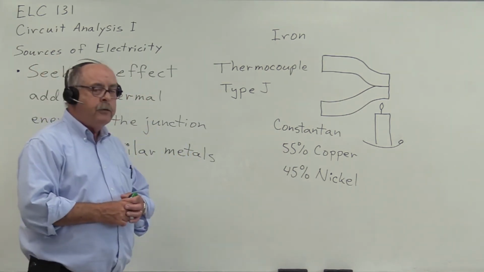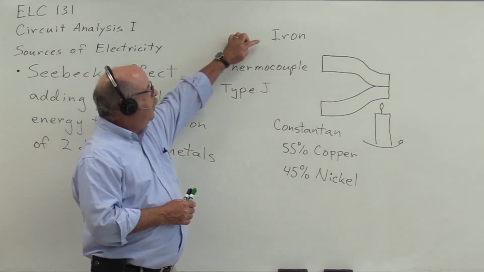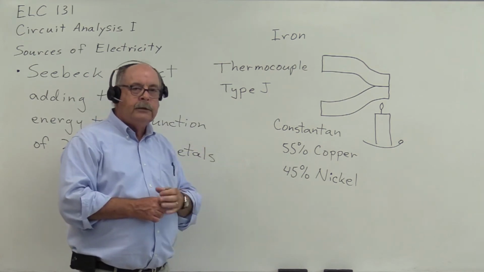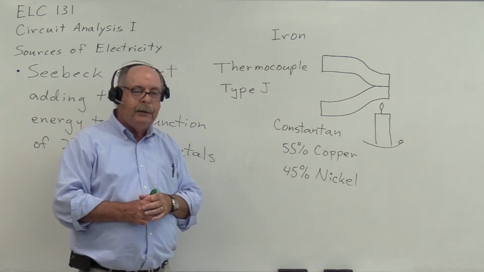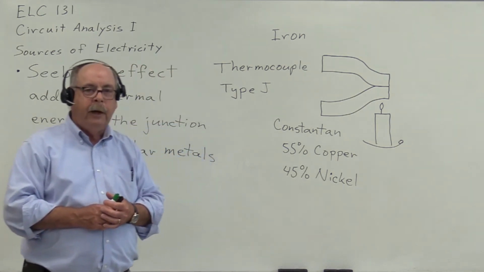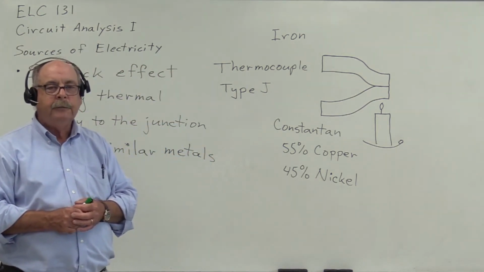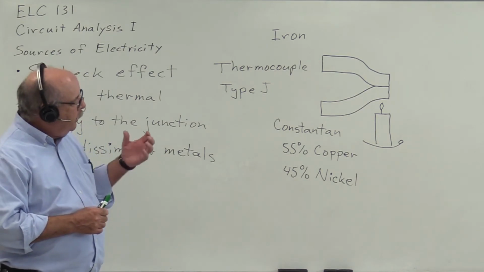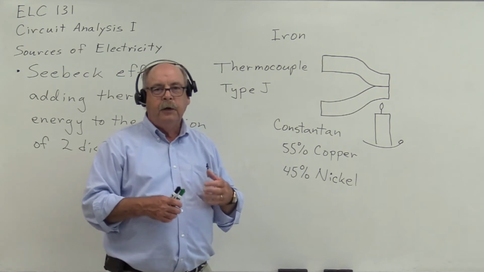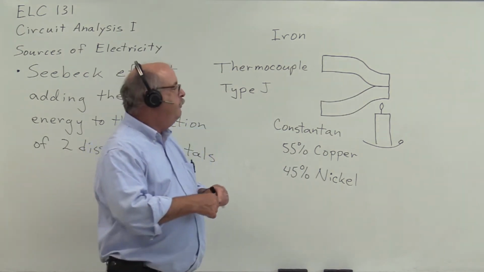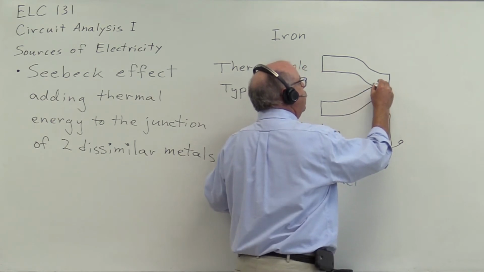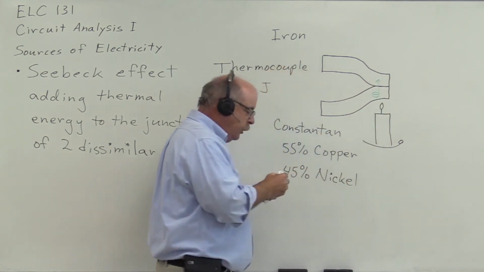Now, the type J thermocouple has one metal that is iron and another metal that is an alloy called constantan. Constantan is made up of 55% copper and 45% nickel. When we apply thermal energy to this junction of the two metals, what we find is that electrons migrate through the junction.